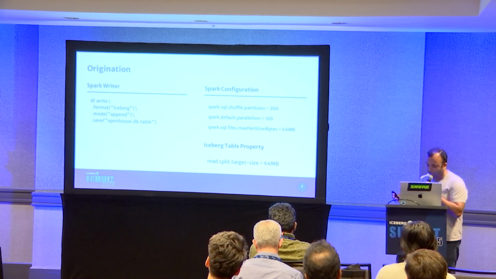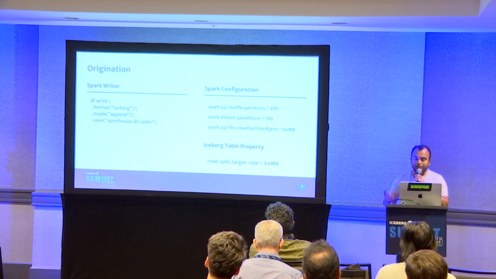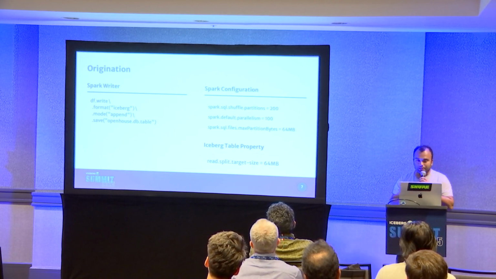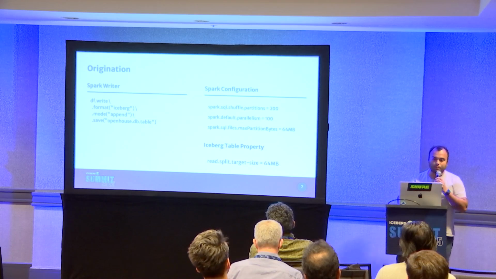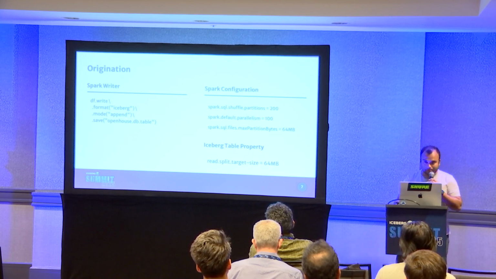Let's take that first example of shuffle partitions. You set it to 200, it will create 200 shuffle partitions, 200 tasks, 200 output files, irrespective of the data size that you are trying to write. And this is pretty common when you're doing wide transformations like group by or repartitioning. The second one is default parallelism.